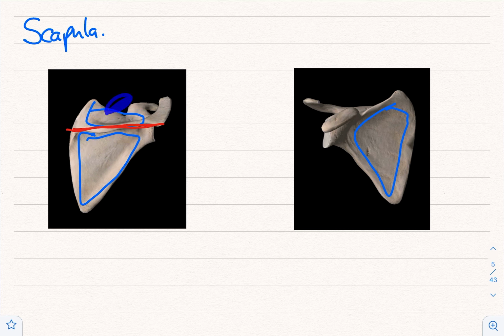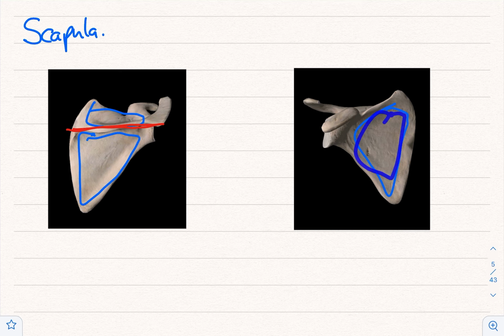This one is called the supraspinous fossa, and this one is called the infraspinous fossa. And the reason why they're called that is because of this red line here. That is the spine of the scapula. So it's dividing supra, meaning above, infra, meaning below. And fossa kind of means hole. So you've got the supra and infraspinous fossas.